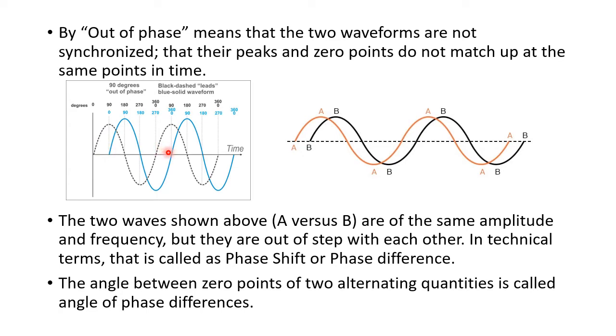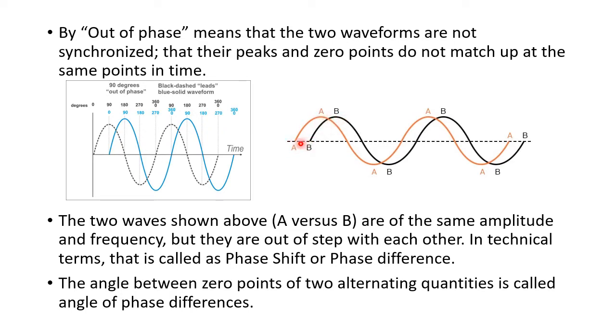But here we have to note down that this angle difference we can call phase difference. Here also, both waves have the same amplitude, but at different instants they reach the maximum value.